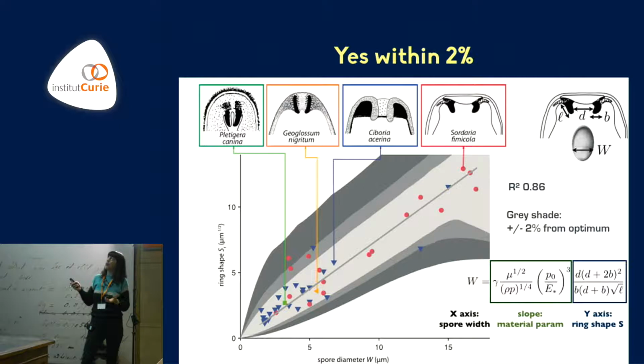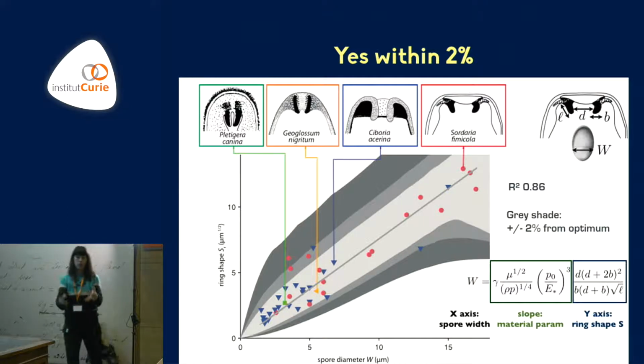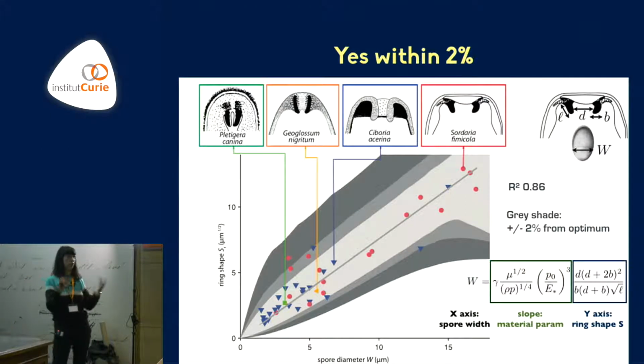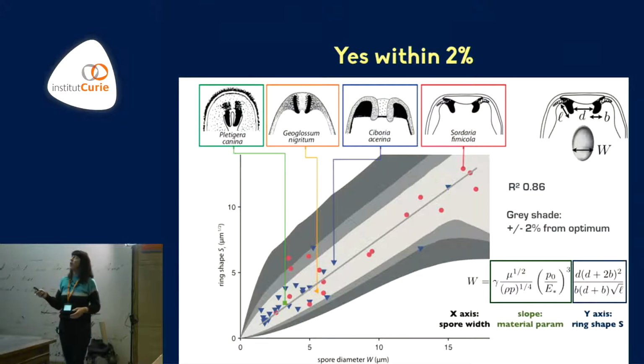Now, to decide whether you really are pleased or not, you have to decide whether this 2% is good. So what this tells us is that actual real morphologies of species look like they're optimized to minimize dissipation. Of course, within a certain error. And you have to ask yourself whether 2% is satisfactory or not. Why do they care about this to this level of precision and not more or not less? Okay?